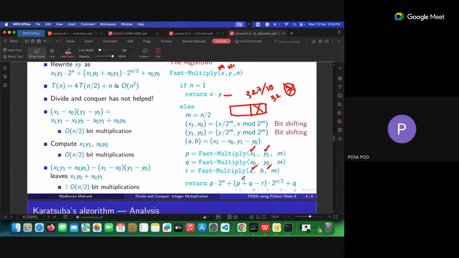After that, the remaining part is calculated. So x1 minus x0 is done, and y1 minus y0 is done, because y0 has already participated.